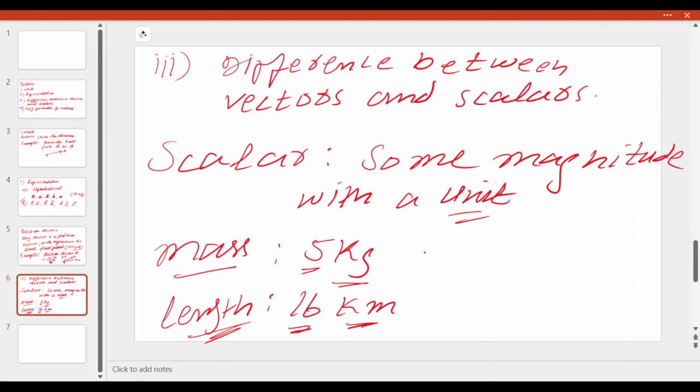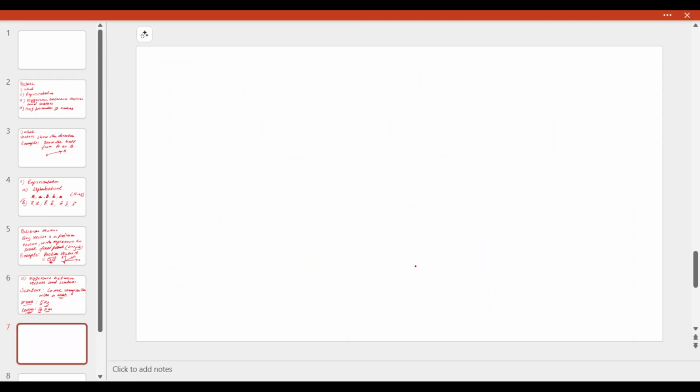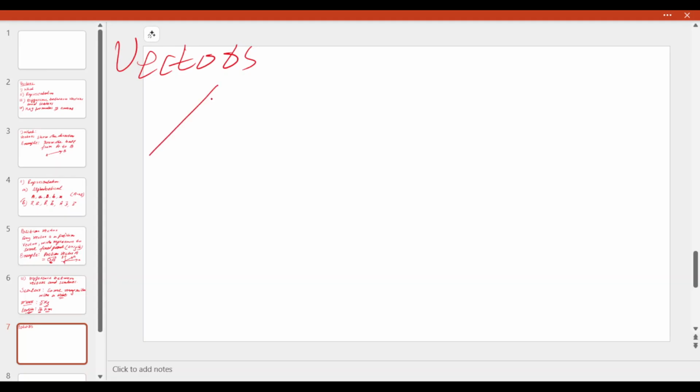Yes, scalars have only magnitude, while on the other hand vectors have both magnitude and direction. To describe a vector completely, we require both magnitude and direction.